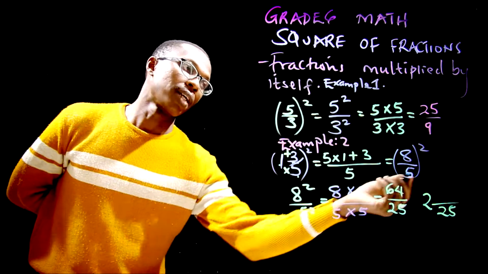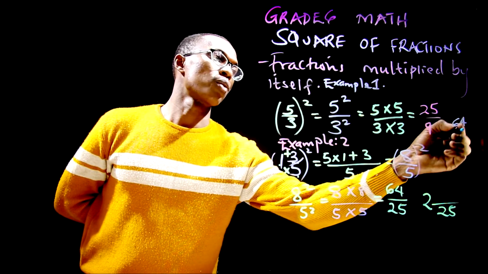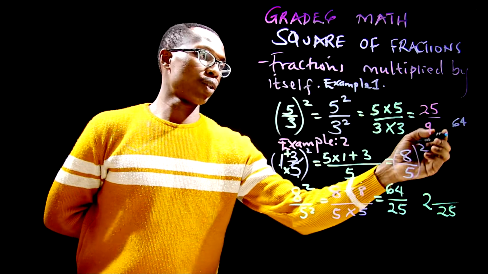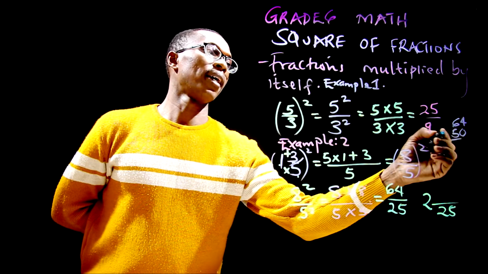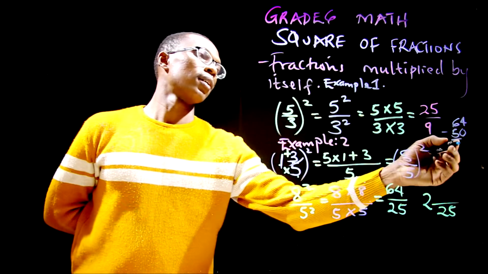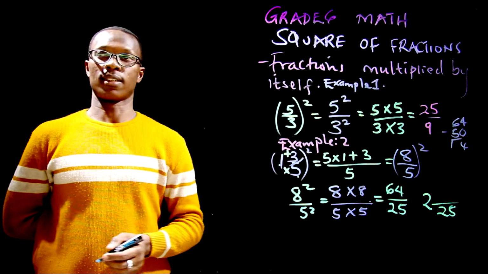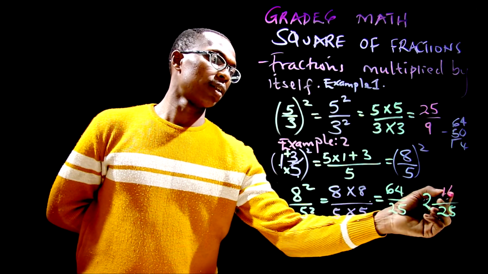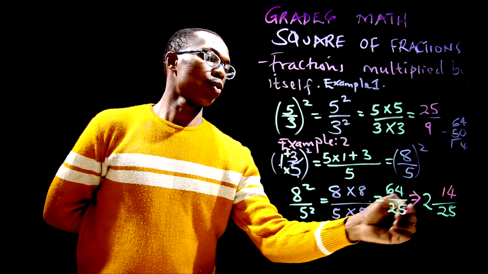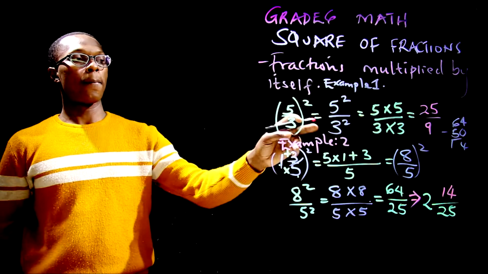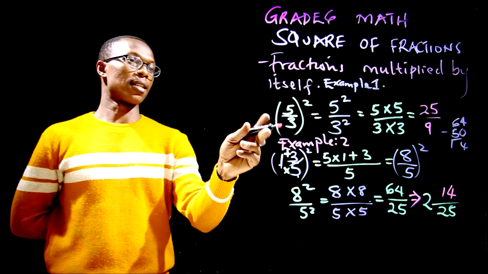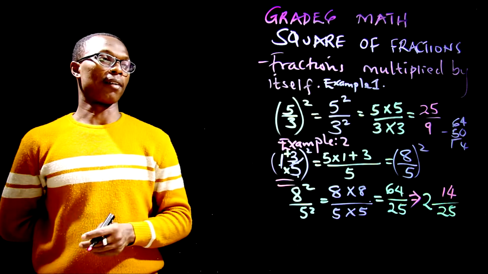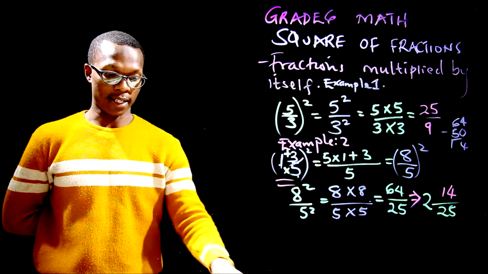You can do the math next to your exercise book to be sure. 64 minus 50 gives us 14. So we have 2 and 14 over 25. That's the square of 1 and 3 over 5. I hope it was clear.